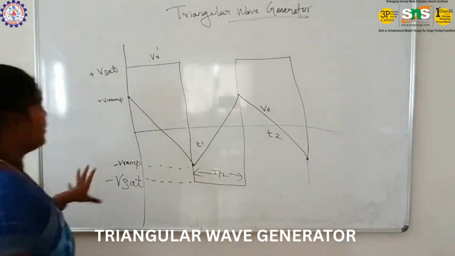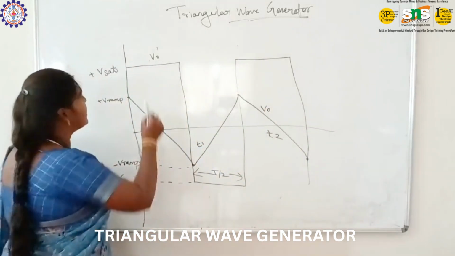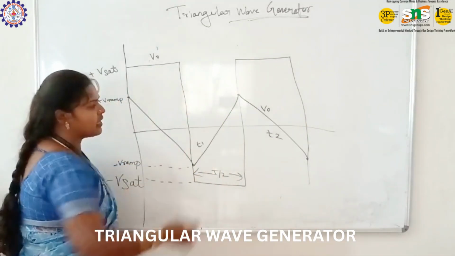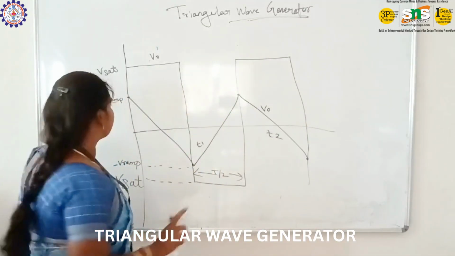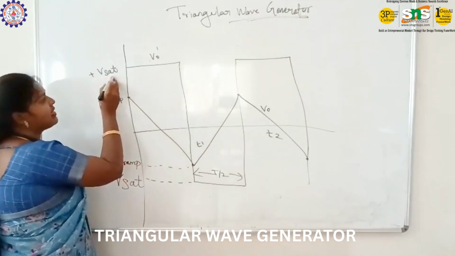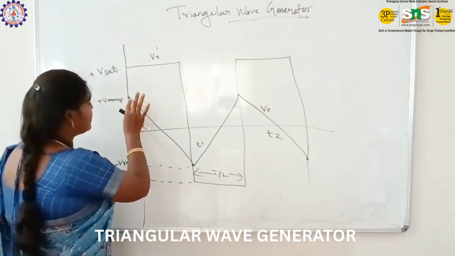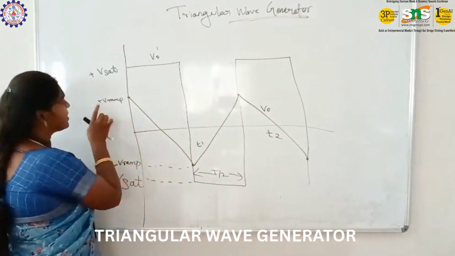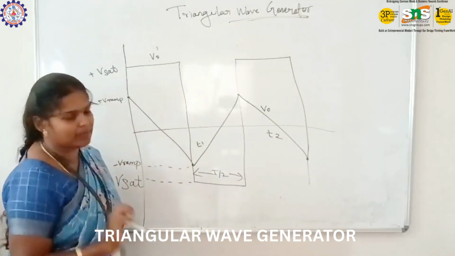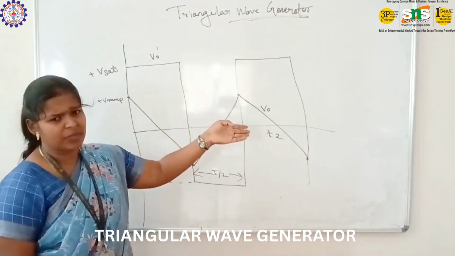So this is the waveform for our triangular wave generator. Initially, the square wave is the comparator output, and the triangular wave is our integrator output. The square wave is denoted as plus V sat and minus V sat, the saturation voltage, and the triangular wave output is considered as minus V ramp and plus V ramp. This was already discussed in the previous diagram.